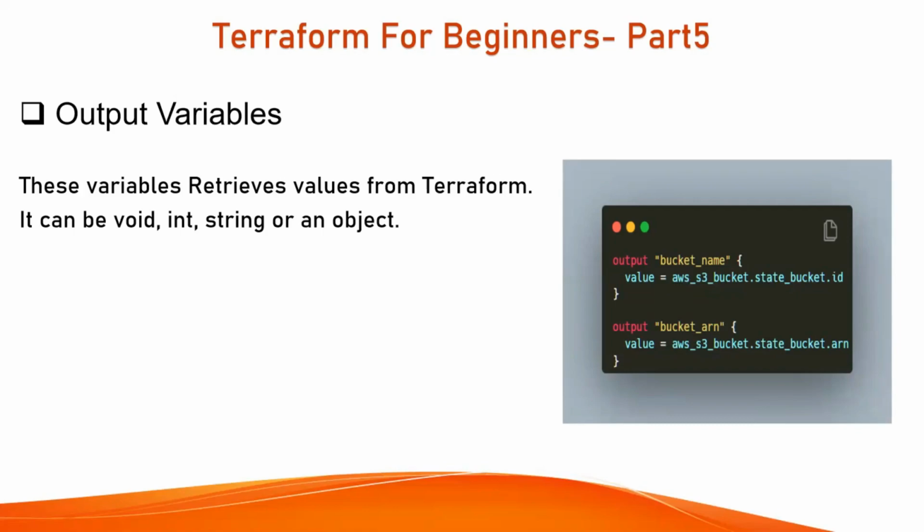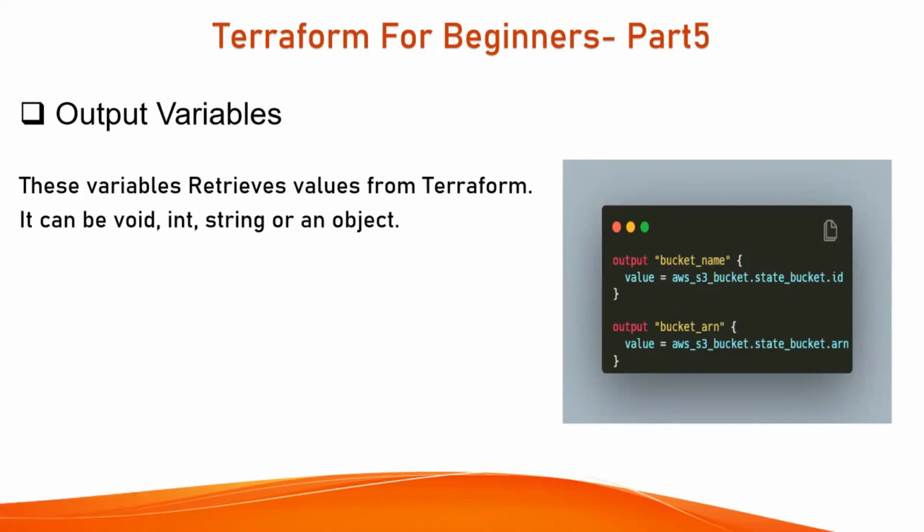I have shown how to declare the output variable on the right side. If you see in this example, we have declared an output variable named bucket name, and then we are defining the value for that output. In this case, we are calling the state bucket.id.